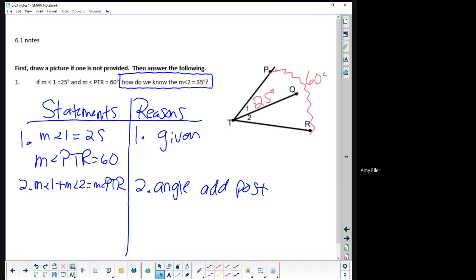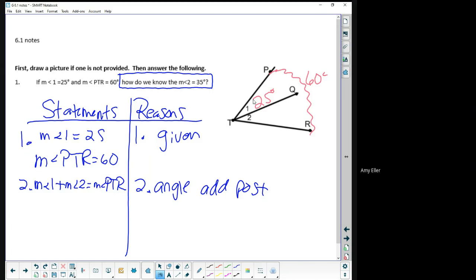Anybody remember what a postulate is as opposed to a theorem? Alex? You're thinking of a specific postulate. Just in general, what does postulate mean versus what's theorem? Remember the word conjecture. What do you think?